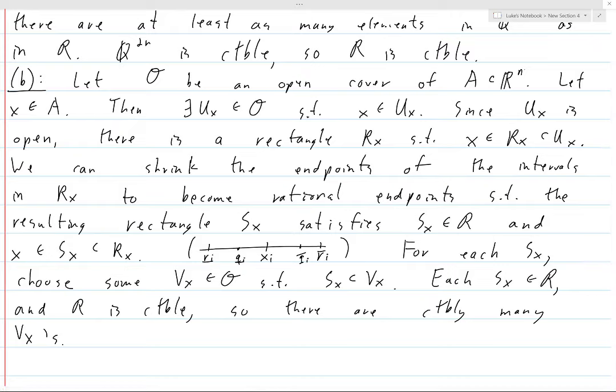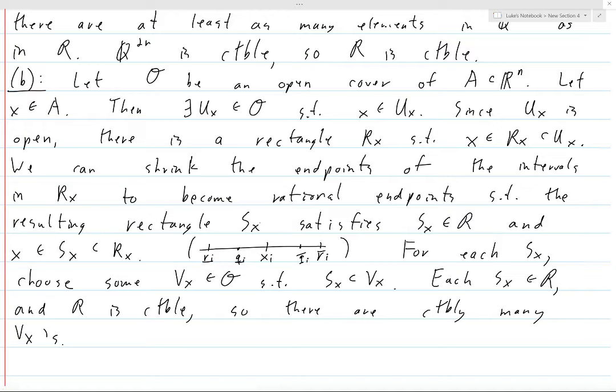So let's see here. We started with X, then we chose an open interval or an open set Ux, which contains X. And then we chose an open rectangle Rx, and then we shrank it to an open rectangle Sx. Okay, so that's where we make the important move, because there's only countably many Sx's.